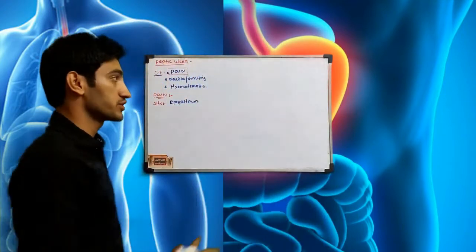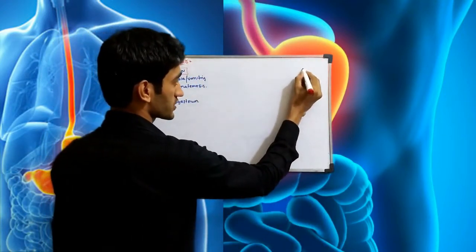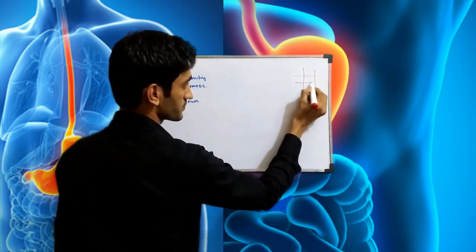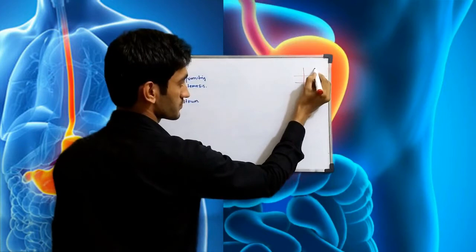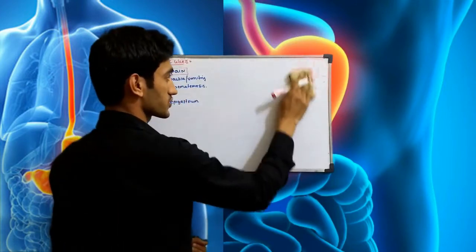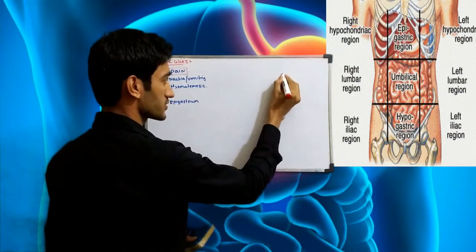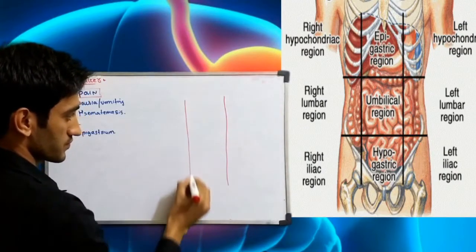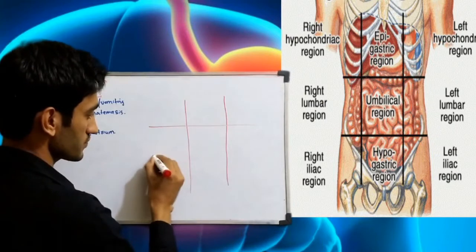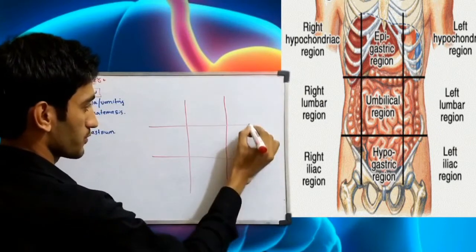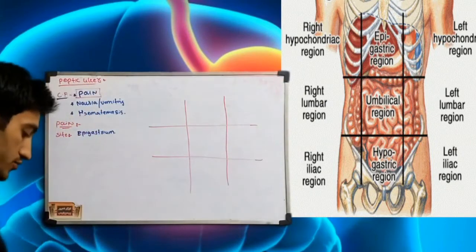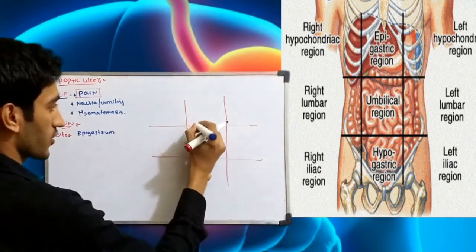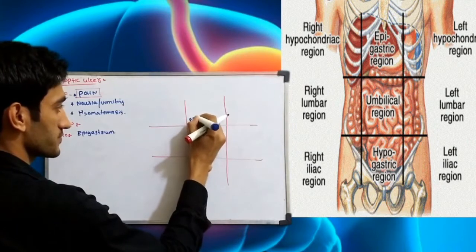Our abdominal cavity is divided into 6 parts, 6 areas. I should make it bigger so that you can see. This part is called the epigastrium.